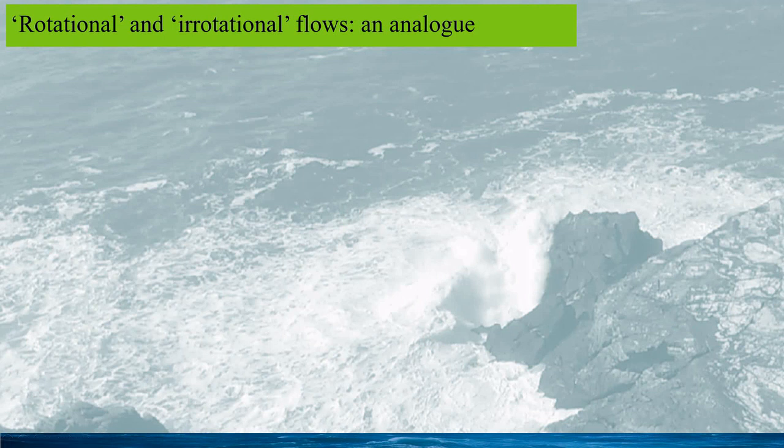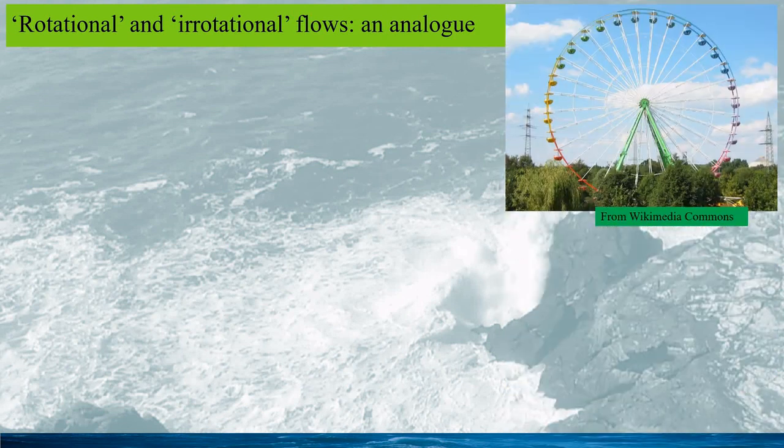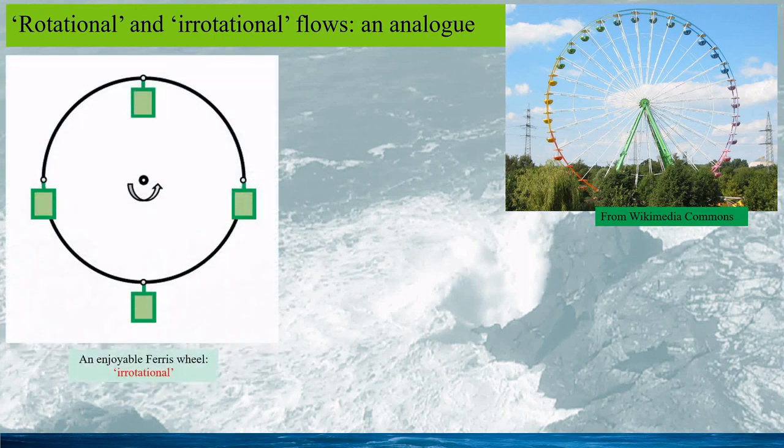A more intuitive understanding of the irrotational flow can be drawn from an analogy to a Ferris wheel, in which the capsules can be taken as the fluid element, and the capsules are hinged on the rotating wheel. When the wheel rotates around its axis, the capsules keep the upright positions all the time.